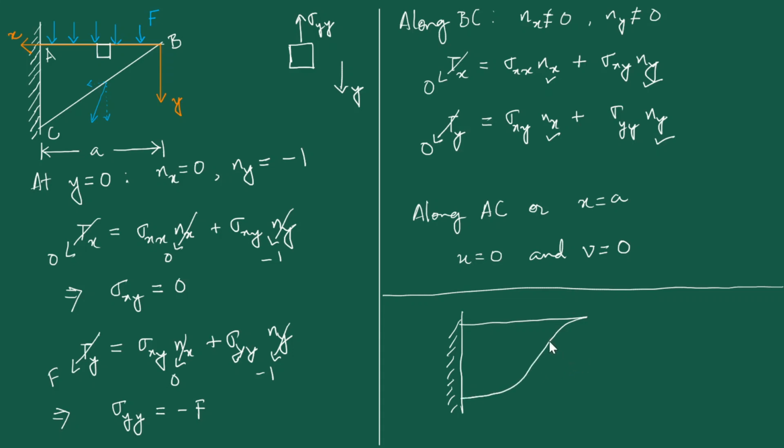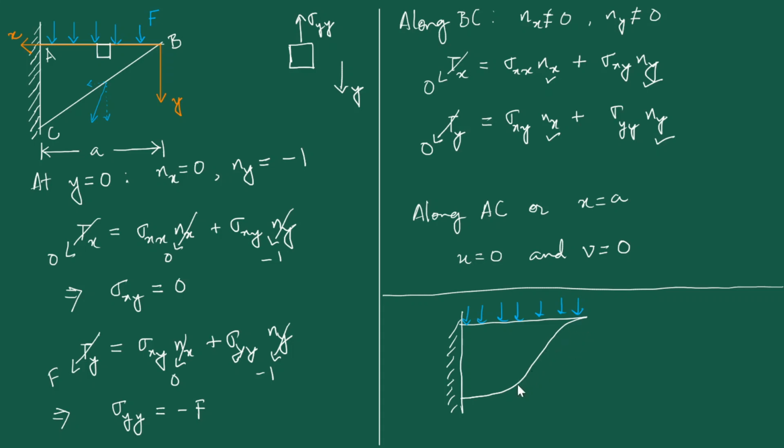Suppose our loading remains unchanged, vertically downward, just like before. But now, because of this kind of an edge, at every point the values of nx and ny are going to change.